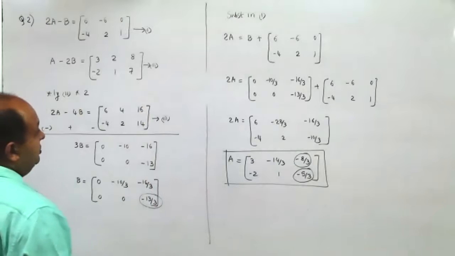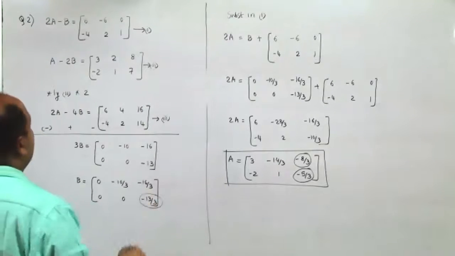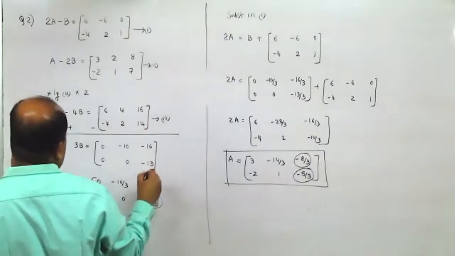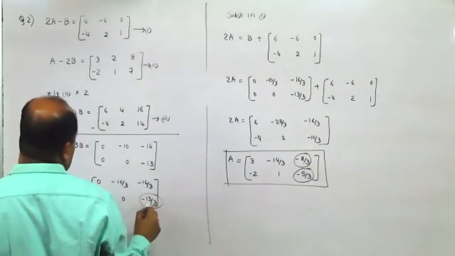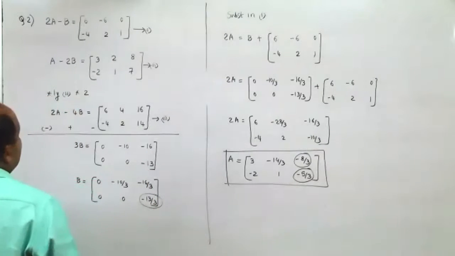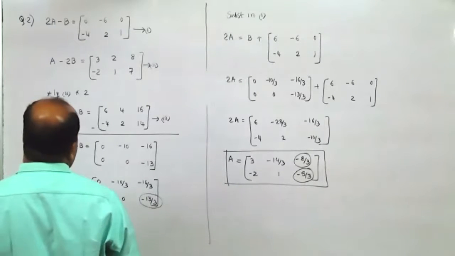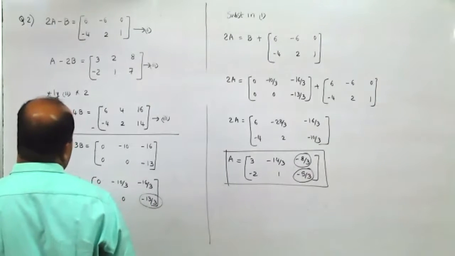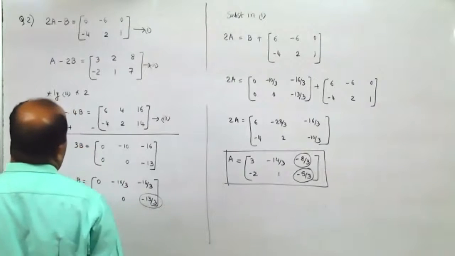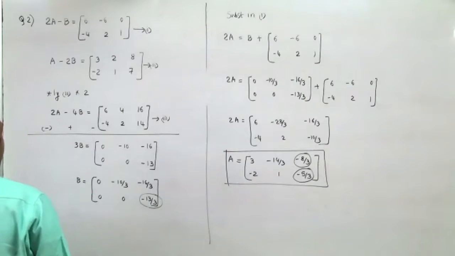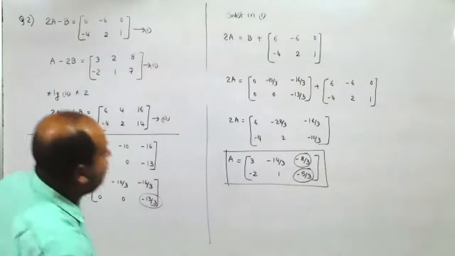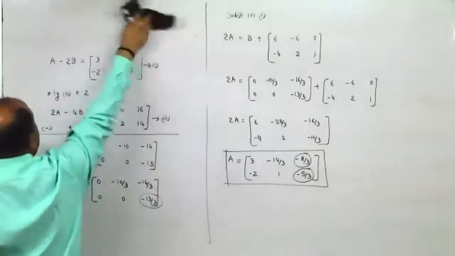If this would have been 4, 4 minus 14 is minus 10. Even then this would be minus 5. No way. You cannot get that answer. There is some mistake in the question there.